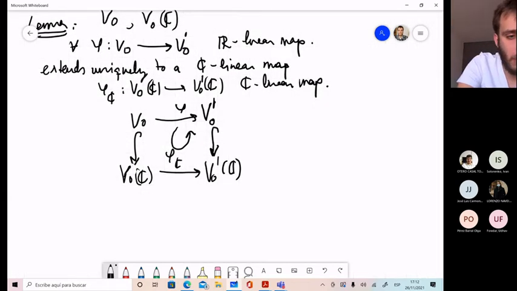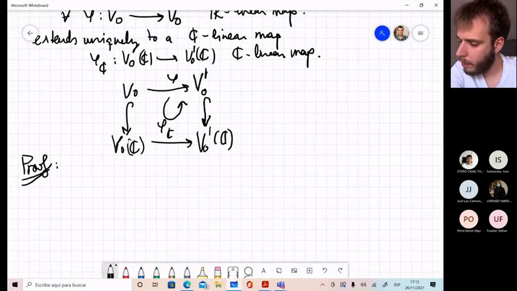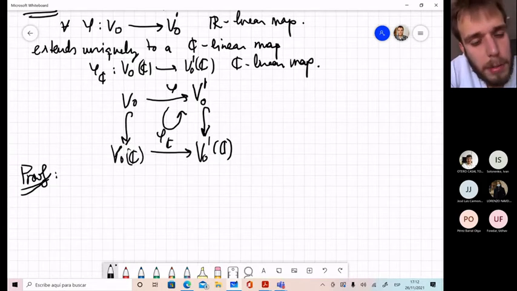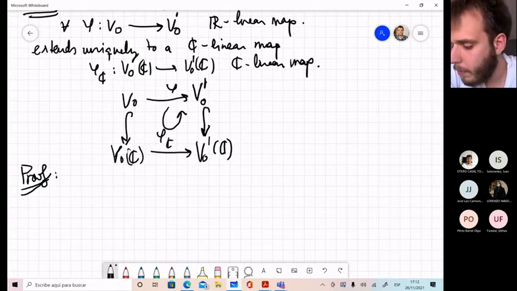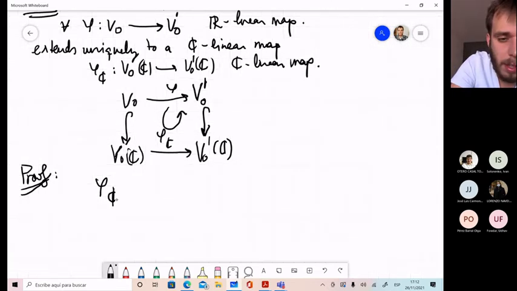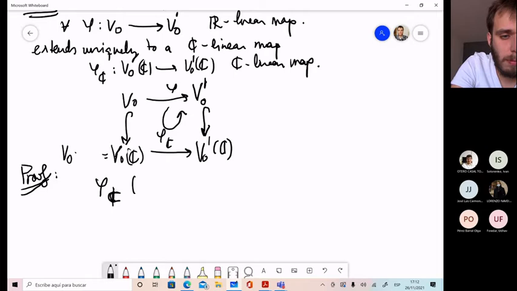So I'm going to prove this, or to sketch it. It's very easy. So what you have to do first is to construct phi sub C out of phi, okay? You have to define the map phi C. How do you do this? Well, V naught plus i V naught was equal to V naught C, right?